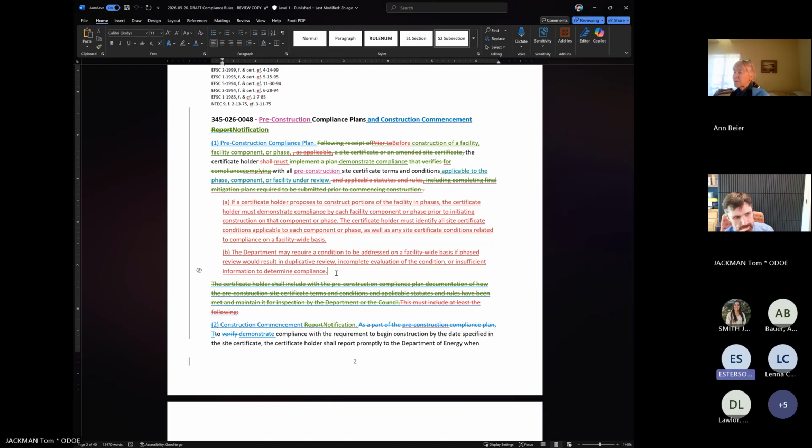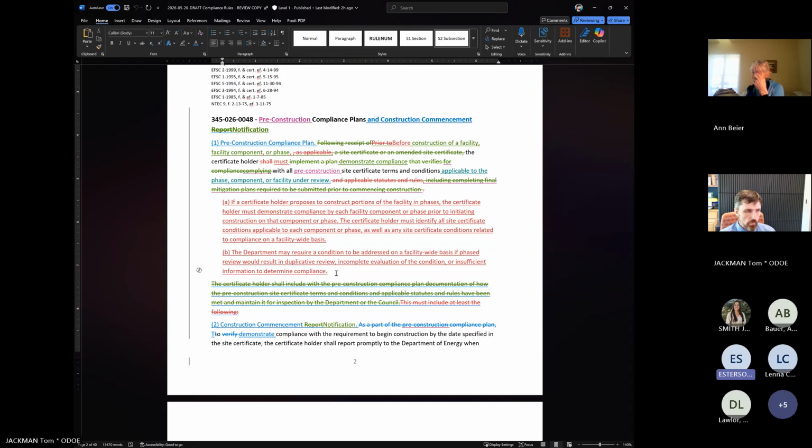I think a potential example is that, say the certificate holder is phasing pre-construction. So of this big solar, substation, battery, transmission line, we're only prepping the small area for the substation.